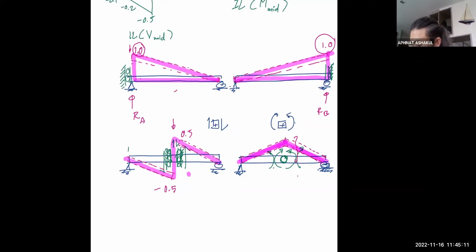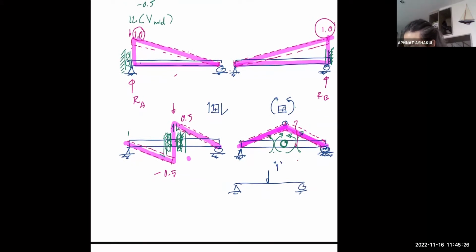So in order to obtain this value, you can just apply the unit load at midspan and calculate that magnitude. And M at midspan for this is, you should know by now, PL over 4. That's a formula. So P is now 1, and it becomes L over 4.